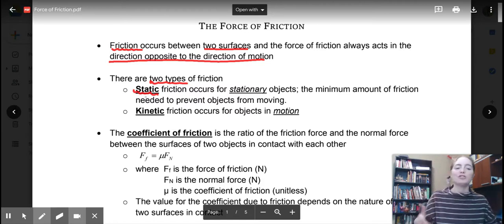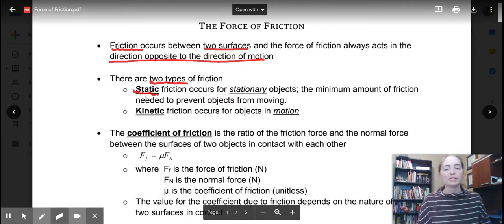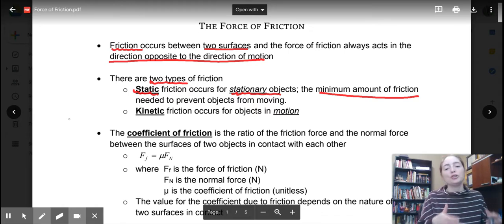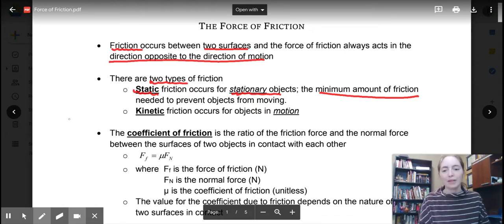Static means to not move. So this is where you have stationary objects, and it is the minimum amount of friction that needs to be overcome to get an object to move.